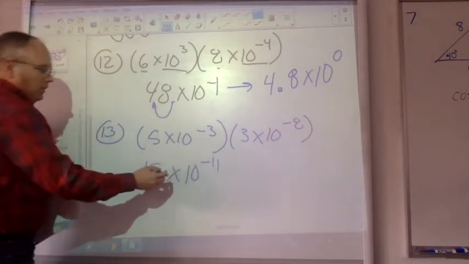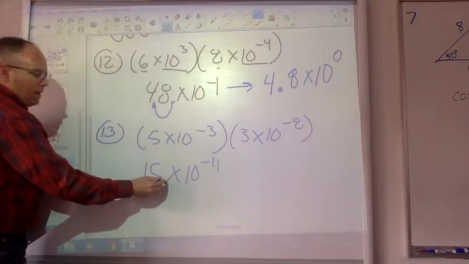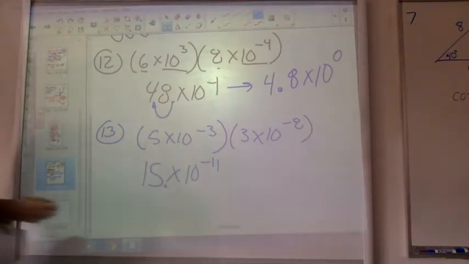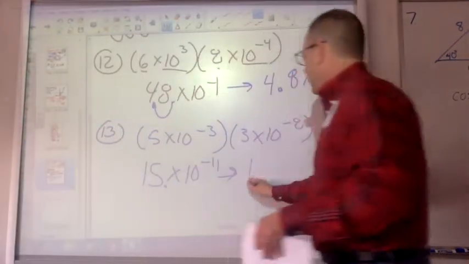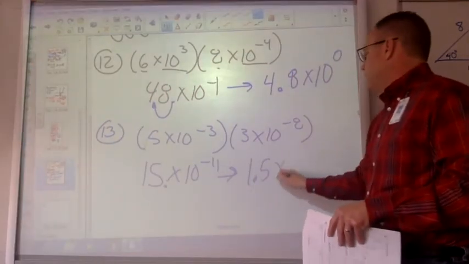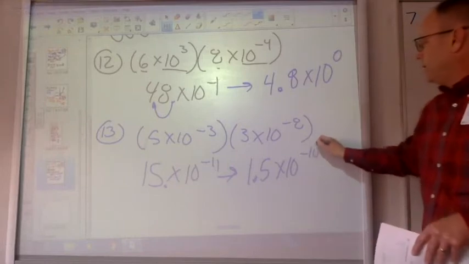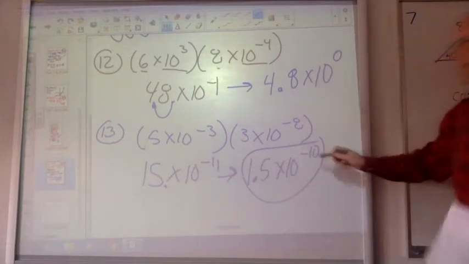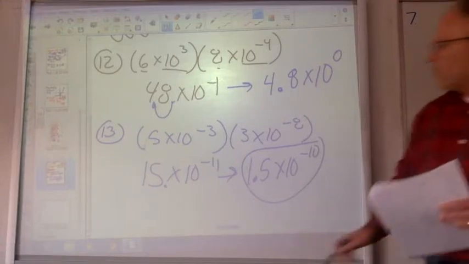Think about what this means. The decimal's right here right now. This means I'm going to move this place 11 times. So I want to have my answer as 1.5 times 10 to the negative 10. Okay? So I've moved one decimal over. Goes to that. 14.